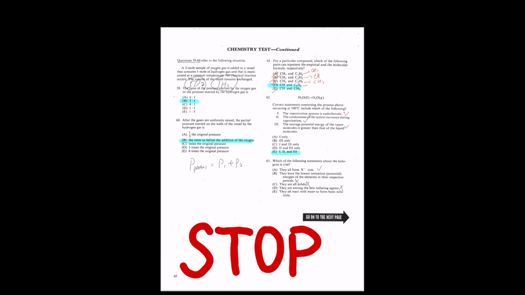So reducing agents would be alkali metals. That's not true. E, they all react with water to form basic solutions. That's not true, because fluorine, chlorine, bromine, and iodine all react to form acidic solutions: hydrofluoric acid, hydrochloric acid, hydrobromic acid, and hydroiodic acid. So the answer should be A.